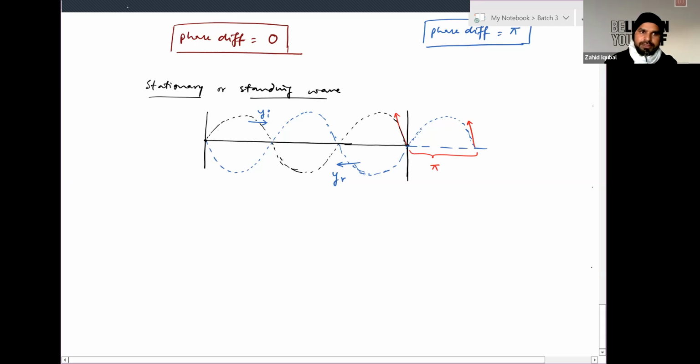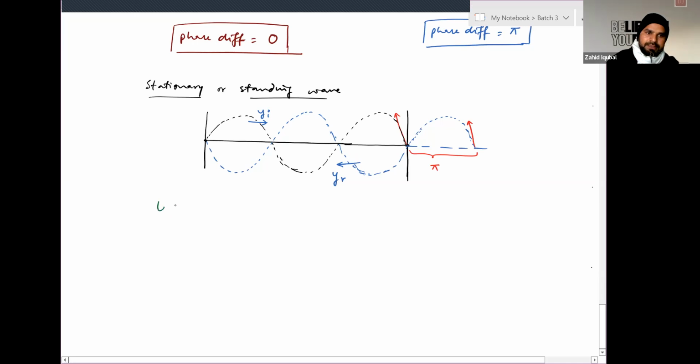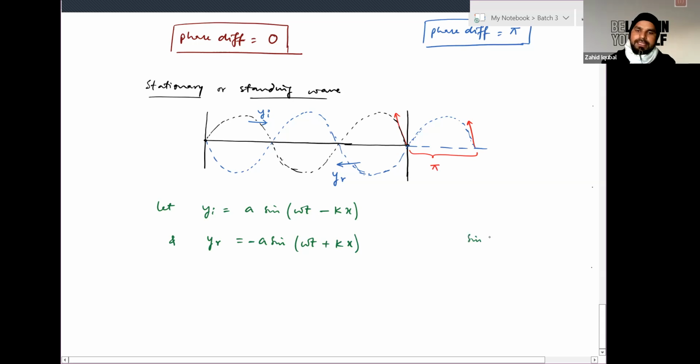Now, on superimposition of these two waves, let's say y incident is a times sine omega t minus kx, since it is going towards the positive x-axis, and the reflected wave is a times sine omega t plus kx plus pi, which may be written as minus sine omega t plus kx, as sine theta plus pi equals minus sine theta.